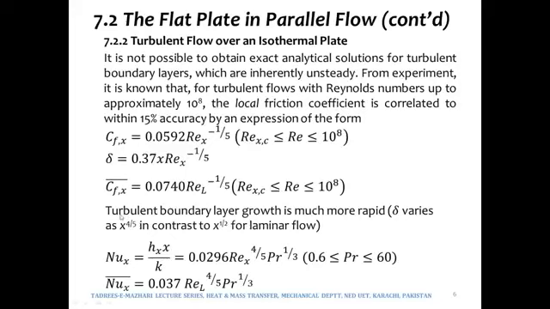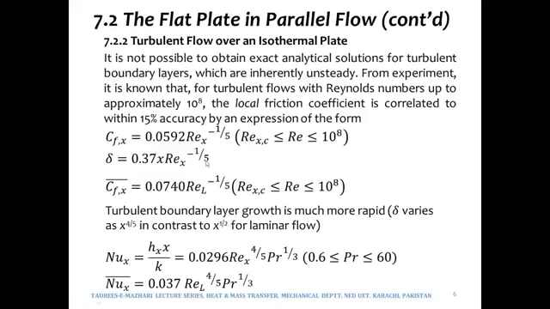And as is mentioned over here, the turbulent boundary layer growth is much more rapid. How is it more rapid? Because delta is proportional to x times Reynolds number raised to the power minus 1/5, and Reynolds number has x in the numerator: it would be rho V d over mu, or rho V L over mu, or rho V x over mu.